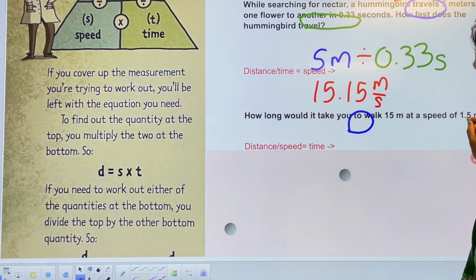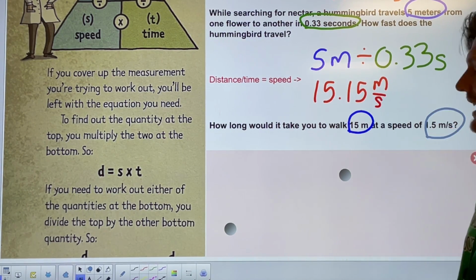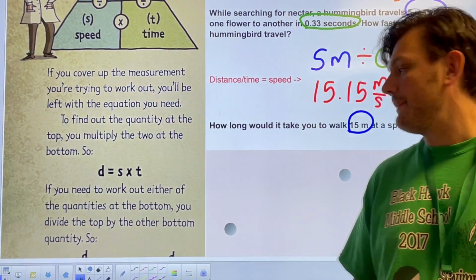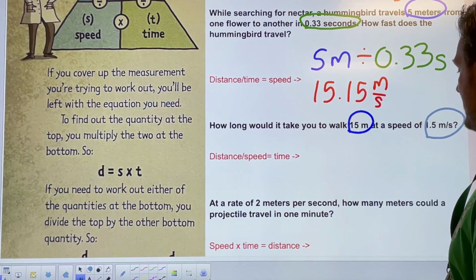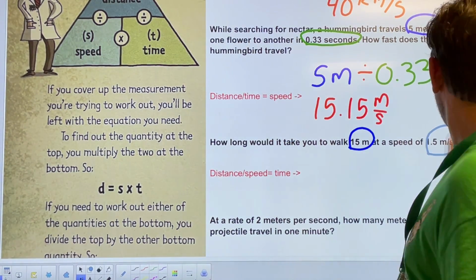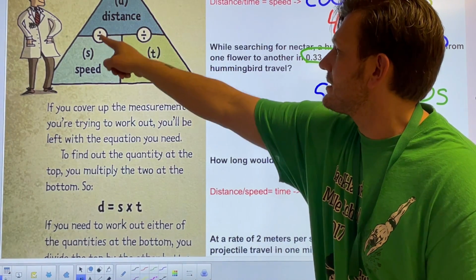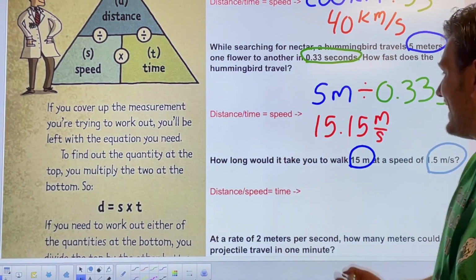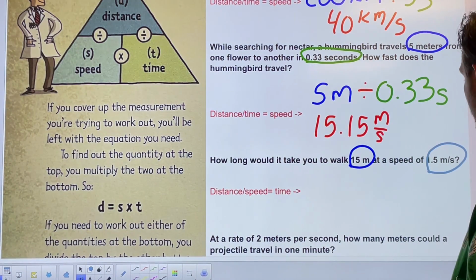It says 1.5 meters per second, okay? So what I'm gonna do now is look at my formula, and it says, whoa, sorry, this thing kind of popped up. Distance divided by speed. If I look at my magic triangle, distance divided by speed will give me the time, because I don't know the time. When it says how long would it take you, you know that's asking you for the time.